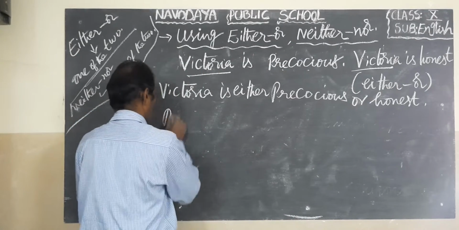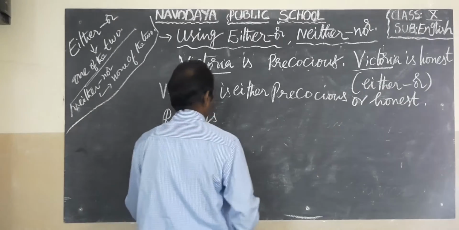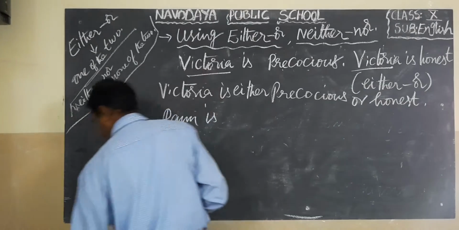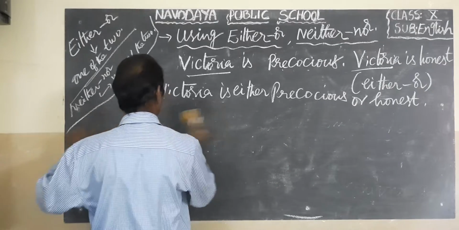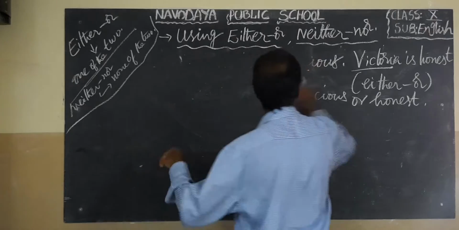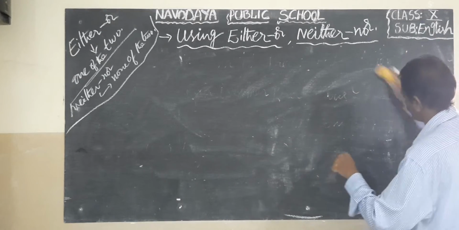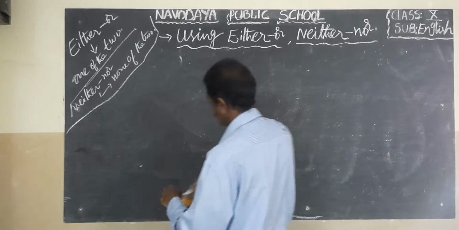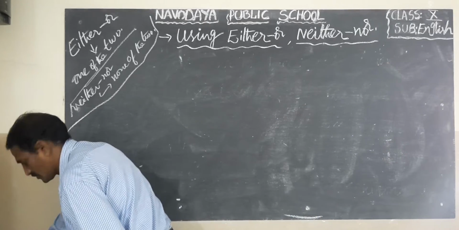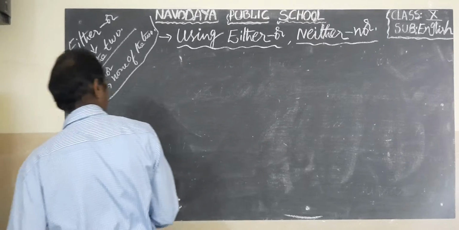We have, for example, Ram. In this way there is next, children. Here is neither nor. Using neither nor.